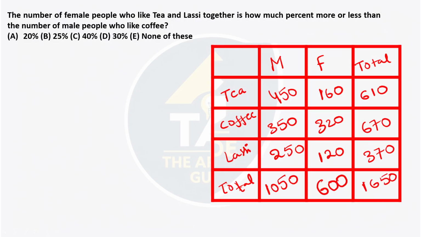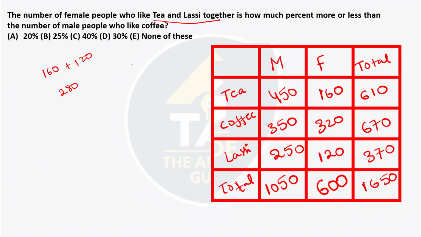Number of female people who like tea and lassi together. The number of female people who like tea and who like lassi. So female people who like tea, 160. Female people who like lassi, 120. The sum of these two is 280. Is how much percentage more or less than the number of male people who like coffee?